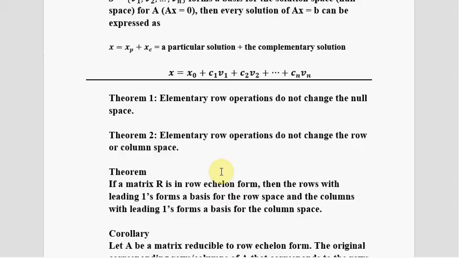The leading ones tell us that that particular row or column is in the row space or column space. Let me state it again and emphasize: when you reduce the matrix and you have the leading ones along the main diagonal, that row is a basis for the row space. It also tells you that that column is a basis for the column space.